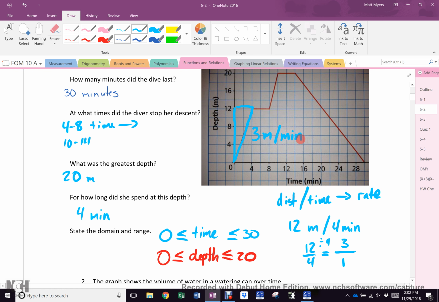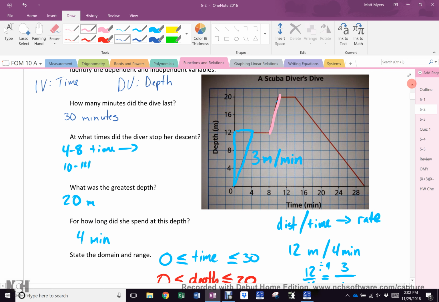Now, is this descent, which I'm going to color pink, faster or slower? Without doing any math, you should be able to tell me. Or is it the same? You say it's faster? Okay. How far did I go? 12, 2, 4, 6, 8 meters, yes?